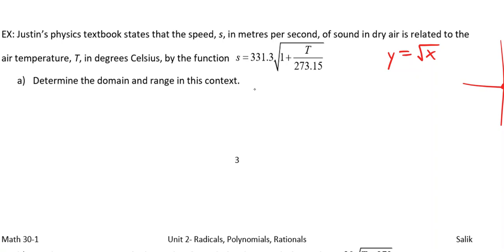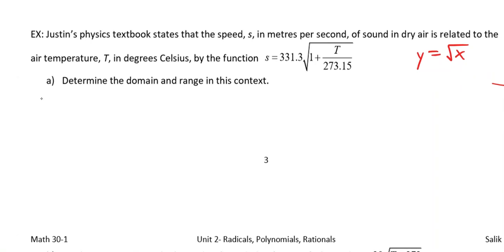We'll rewrite this as S is equal to 331.3 times the square root of 1 over 273.15 t plus 1.